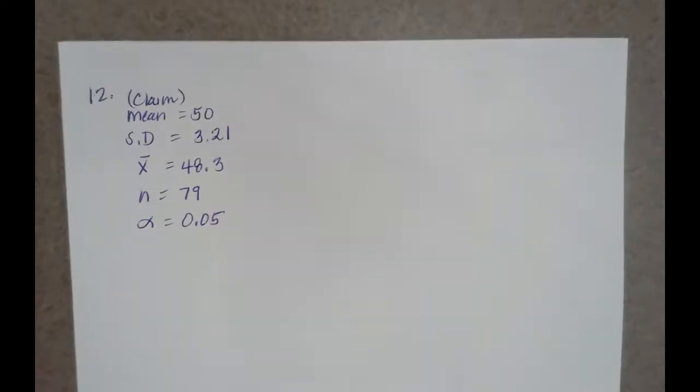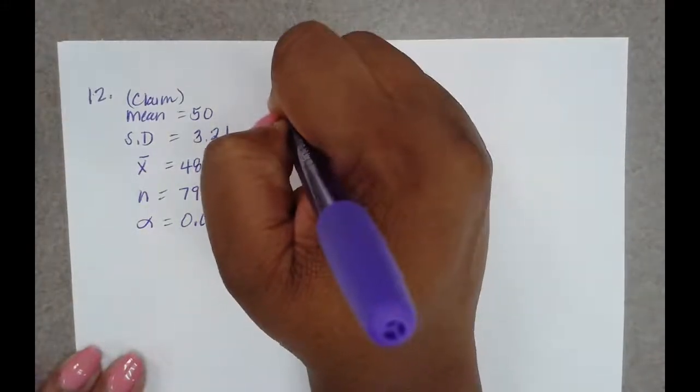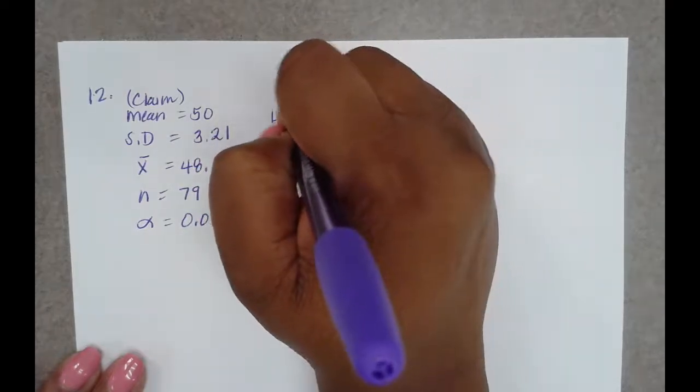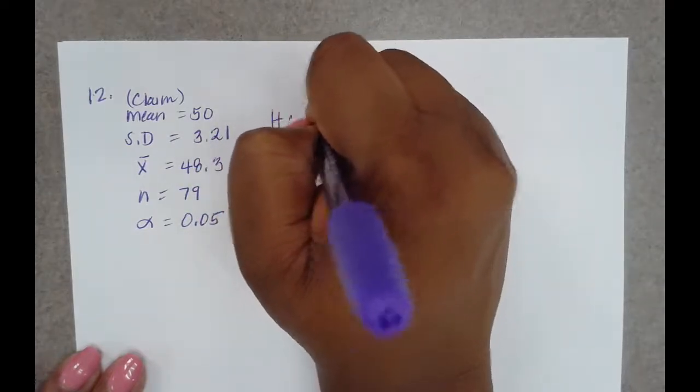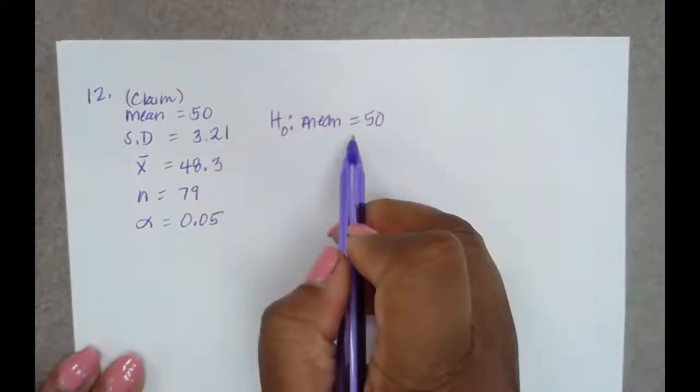Let me clear that up for you, okay? Okay, there we go, everybody. Now, what we did say was that we wrote our hypothesis statements. We said that H naught is the mean equals 50 because it involves the equality.